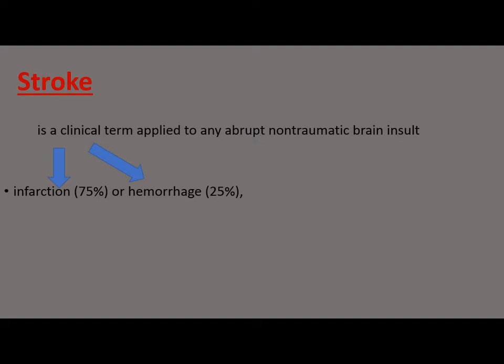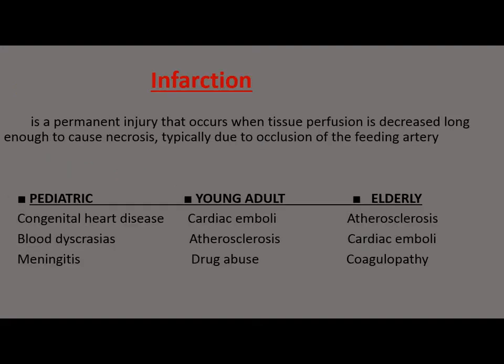Stroke is an abrupt non-traumatic interference of cerebral function. It is caused mainly by infarction, comprising about 75% of causes of stroke, and the other by hemorrhage, comprising about 25%. So stroke is a clinical term applied to any abrupt non-traumatic brain insult.